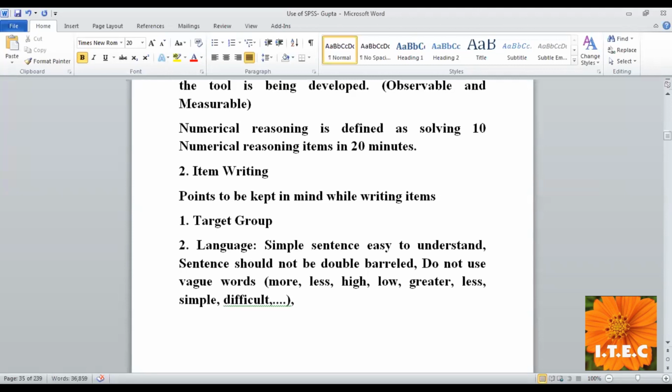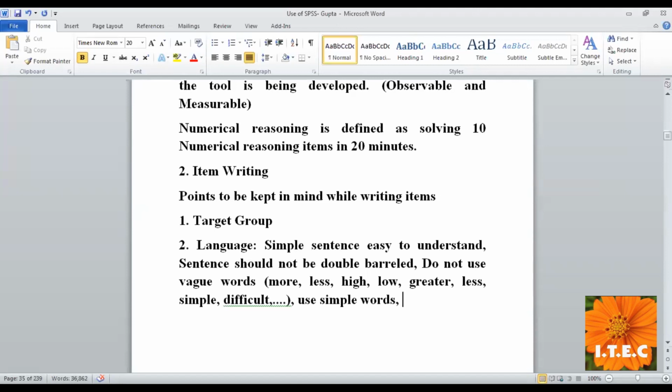Then another is that use simple words. You know, there are difficult words and there are simple words. Use simple words. Why? Because if your words are simple, then the person will be able to understand the meaning of the sentence or meaning of the items.